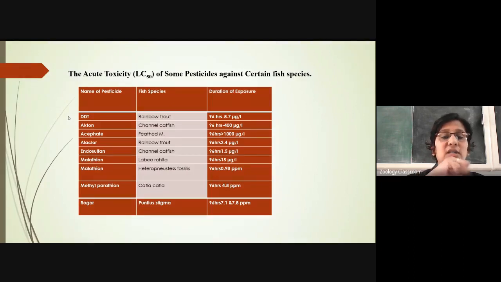And in that condition these fishes are caught, and if they are consumed by human beings as well as other carnivorous animals, the pesticides act on the body of that particular animal also, and cause adverse effects.